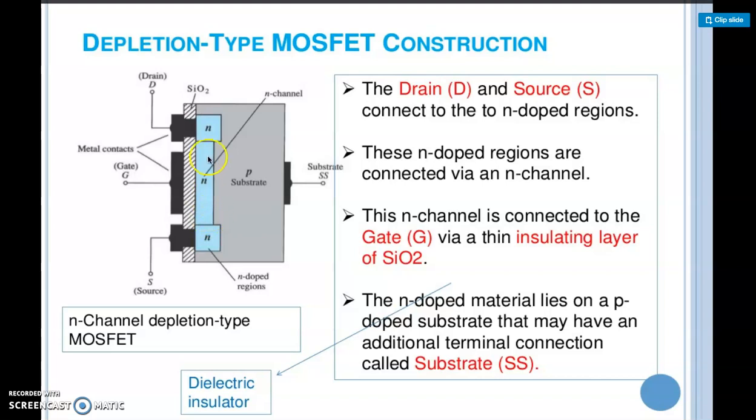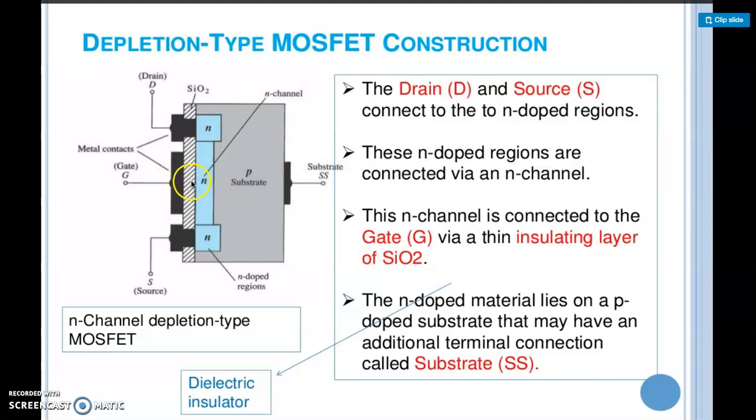After that, we put a layer of SiO2, which is a silicon dioxide layer. Silicon dioxide is an insulator, overlapped on the top layer of the semiconductor material.